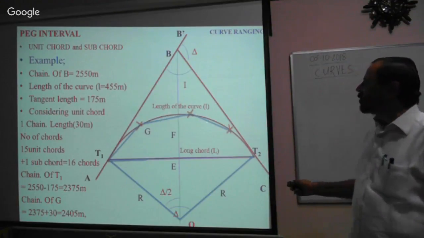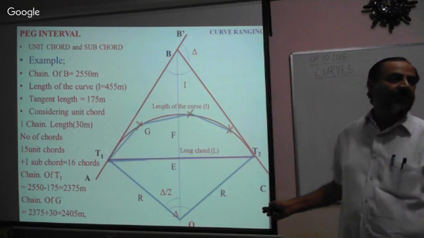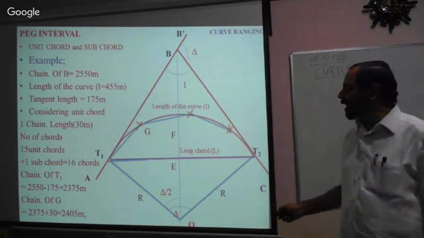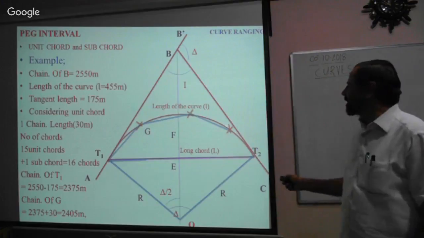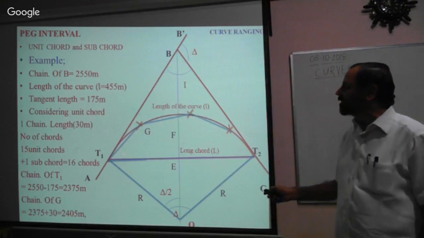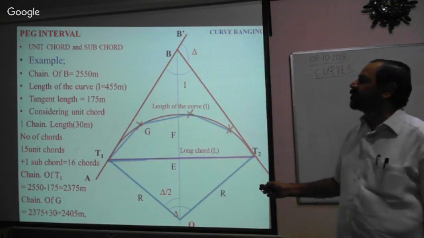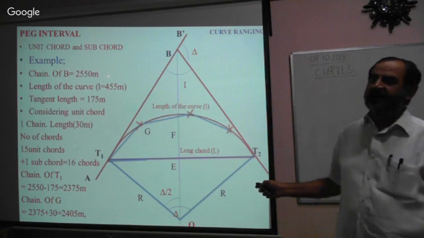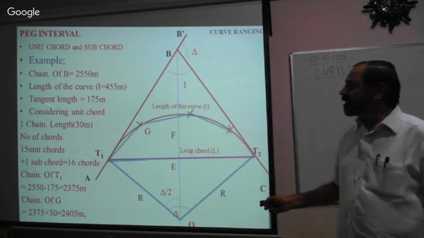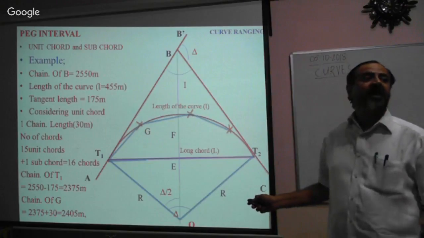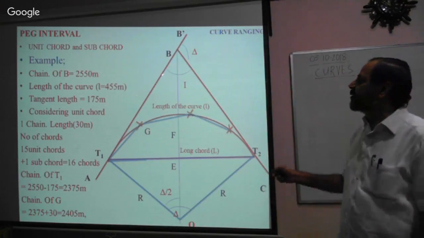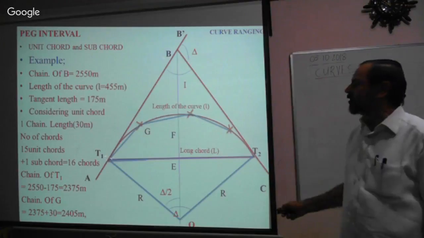It is calculated by R into delta. Then calculate the tangent length. It is assumed that the length of the tangent is 175 meters, from here to here.